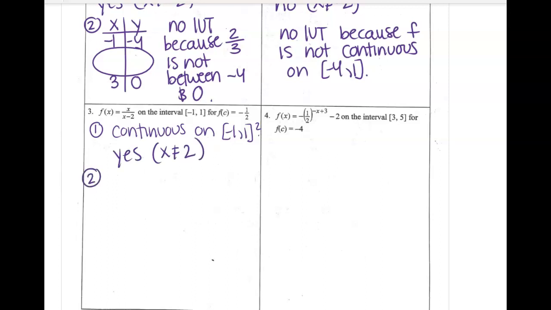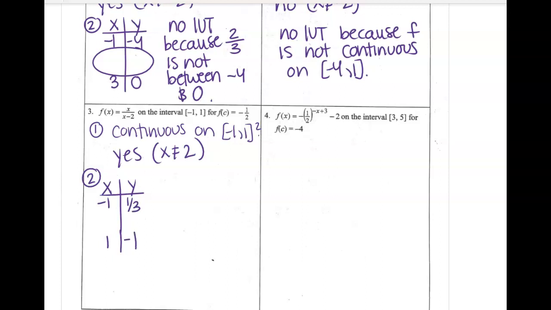So now we're looking at right here. So our interval was negative 1 to 1. So we always leave that gap in the middle. F of negative 1 is going to be negative 1 over negative 3, which is 1/3. F of 1 is 1 over negative 1, which is negative 1.